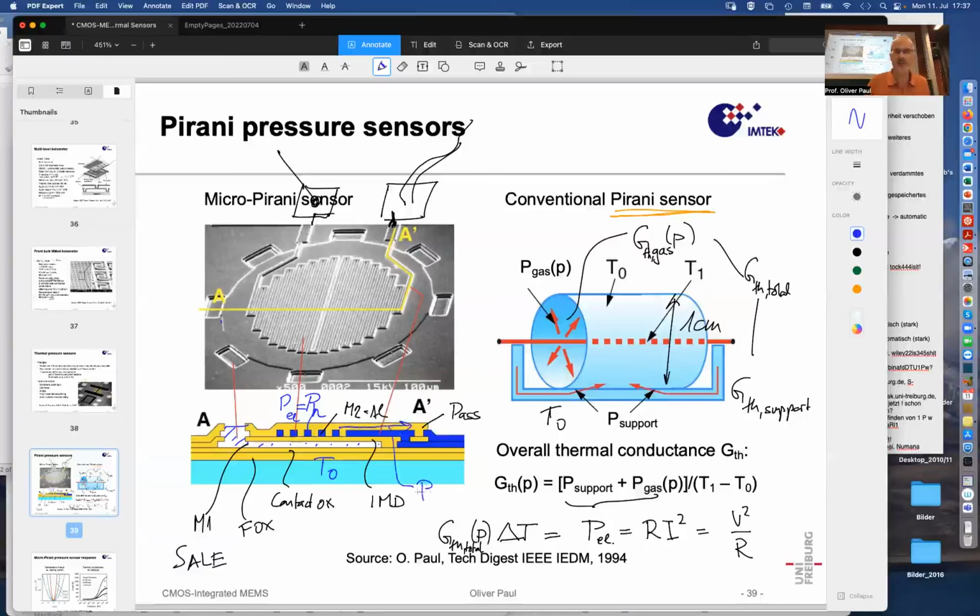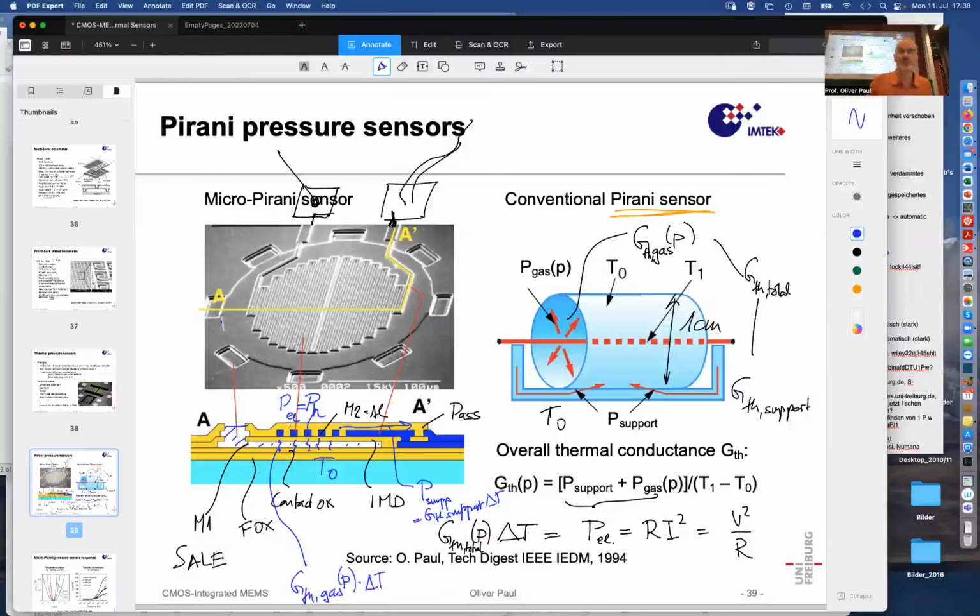This is the power that goes via the support. This is equal to G thermal support times delta T. And then there is this component that goes through the gap. This is the G thermal. So let me write that here. G thermal gas as a function of P times delta T.